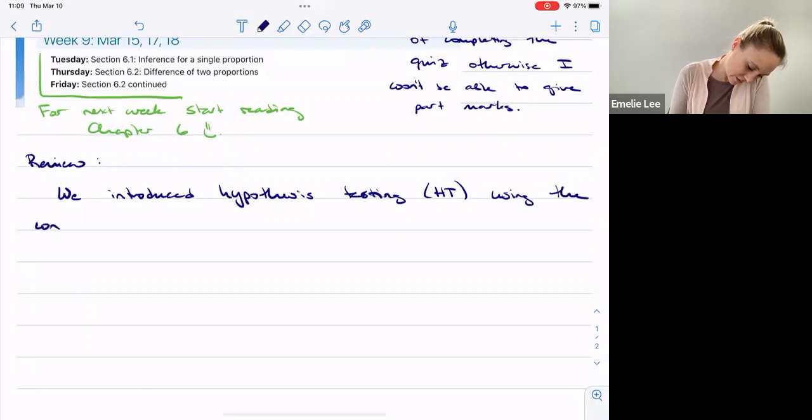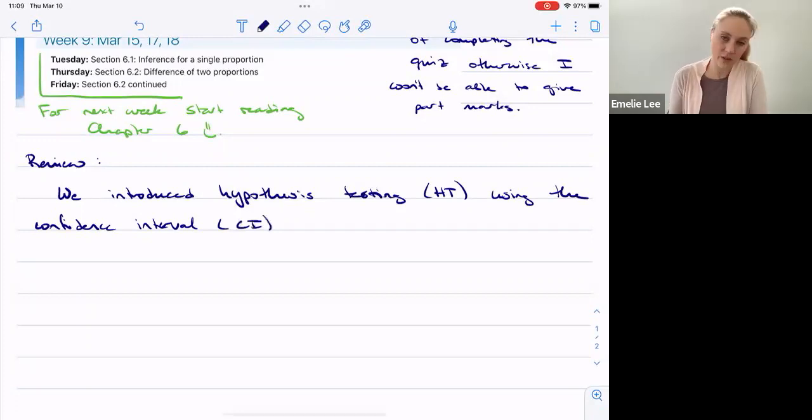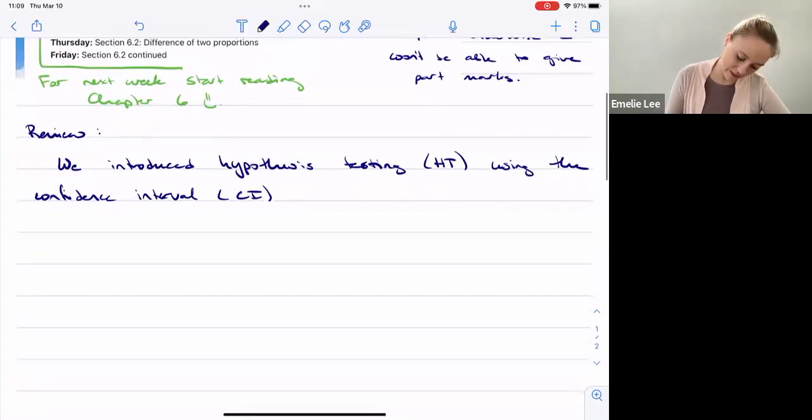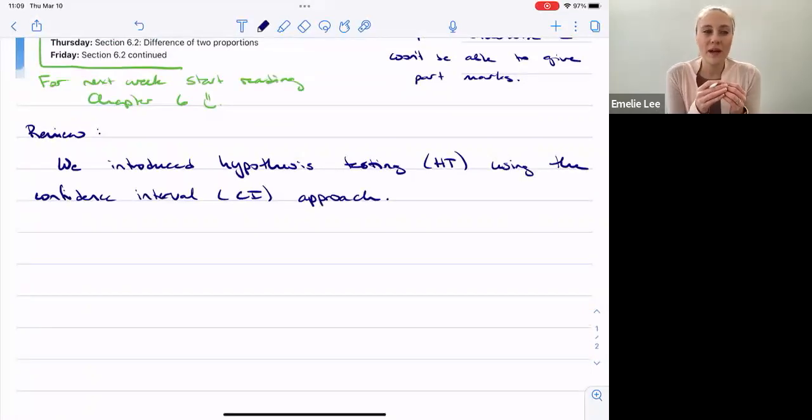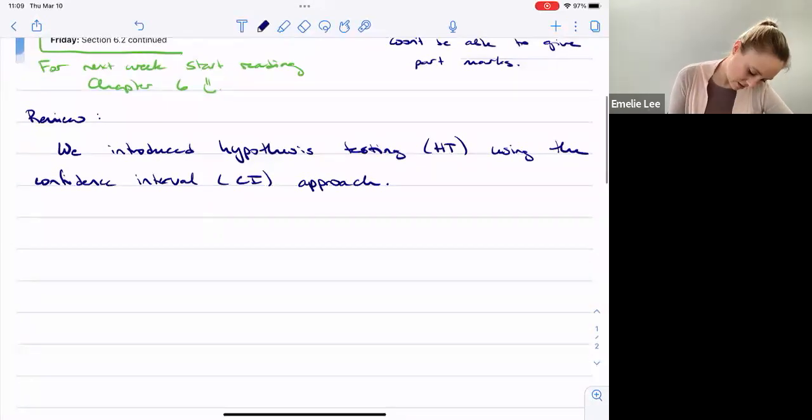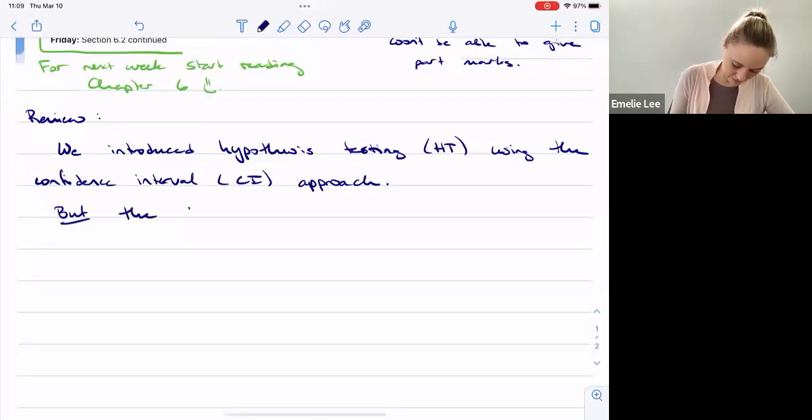Confidence interval, I typically abbreviate CI. So we introduced hypothesis testing using the confidence interval approach. But the CI approach has some drawbacks.